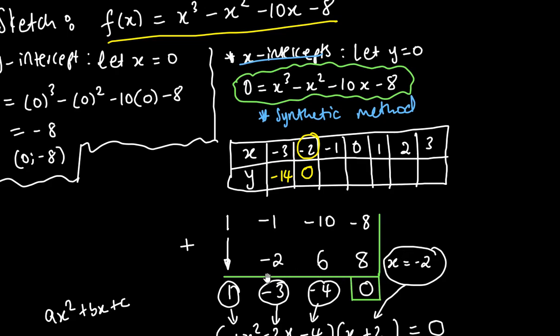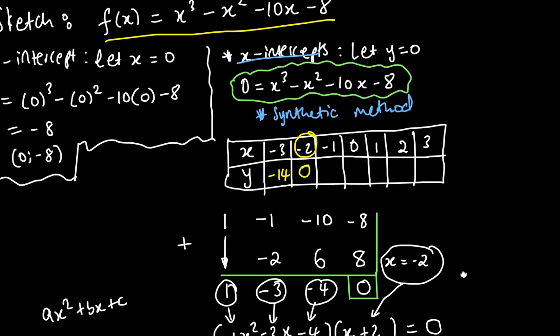Then we draw our box here, we say 0. Then we write the coefficients here. We drop 1, it multiplies, you write it, then you add this and that, and you do the same thing. If you get 0, you know you did it correctly.